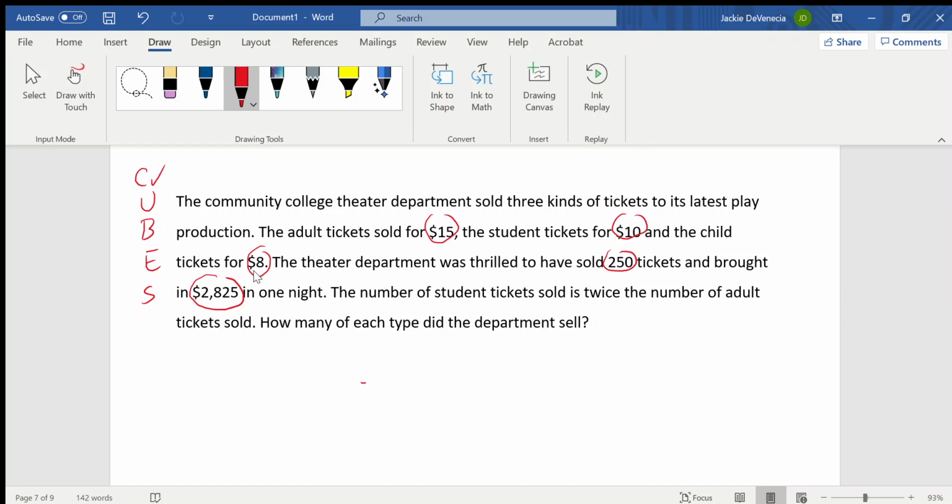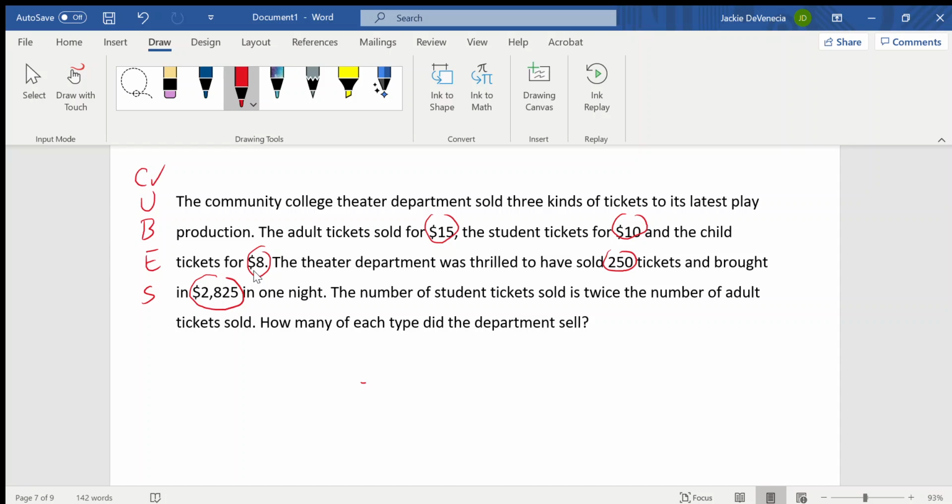The community college theater department sold, so there's three kinds of tickets to its latest play production. The adult tickets sold for $15, the student tickets for $10, and child tickets for $8. The theater department was thrilled to have sold 250 tickets and brought in $2,825.